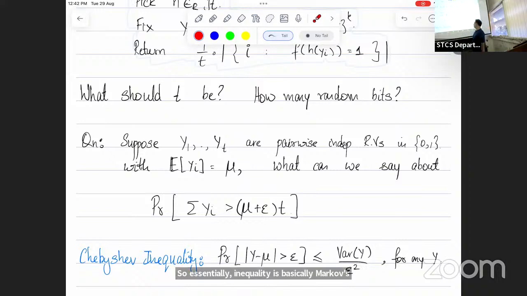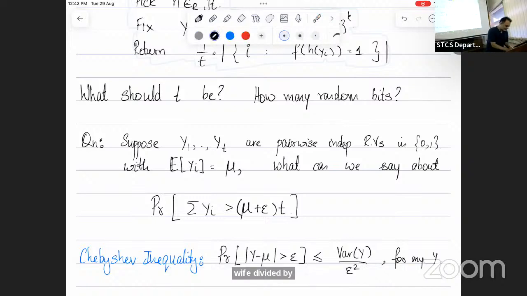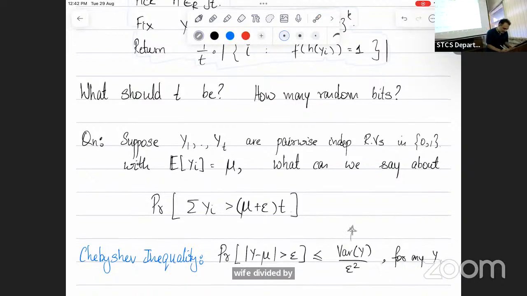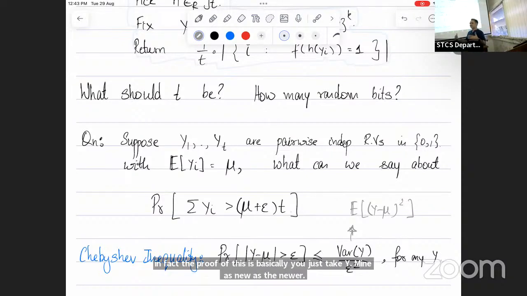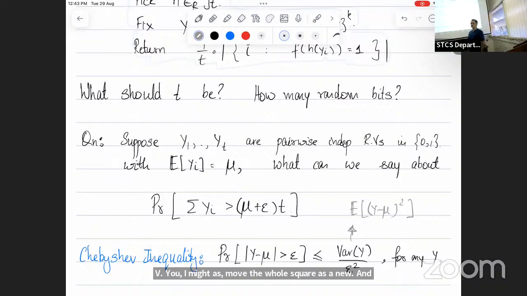If y is any random variable, the probability that you deviate from the expectation by at least epsilon is at most the variance of y divided by epsilon squared, where the variance is just the expected value of (y minus mu) the whole square. The proof is that you take (y minus mu) the whole square as a new random variable z, and just apply Markov on that.